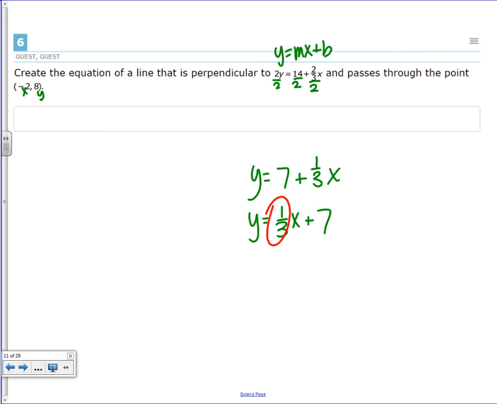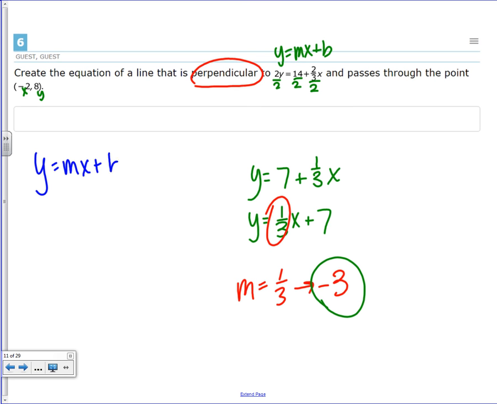This is my slope. For perpendicular, I need to do the opposite reciprocal. So the opposite would be negative, and the reciprocal means flip it upside down. 3/1 would just be 3. So there's my slope. Now I'm going to plug it all in to find the b. Remember, this is what I want it to look like. My y comes from that point. The m is now -3. The x comes from that point. And I'm trying to find the b. Multiply and isolate.